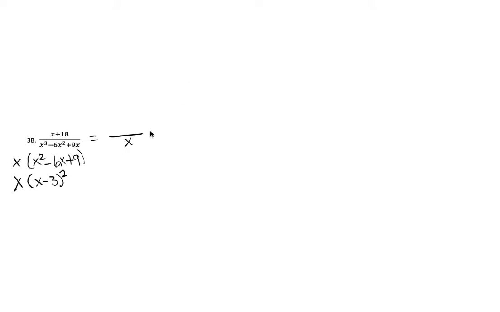I will have an x, I will have an x minus 3, and I will also have an (x minus 3) squared. So A, B, C. Okay, so I'll write my numerator and I'll start multiplying it through.